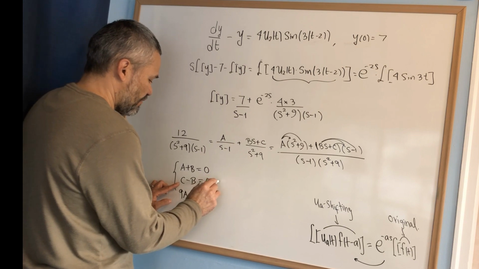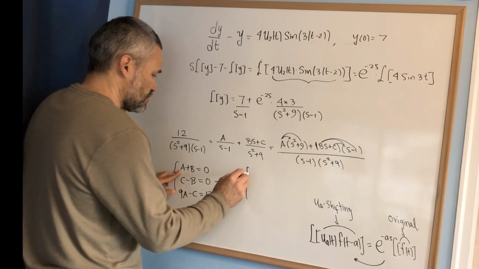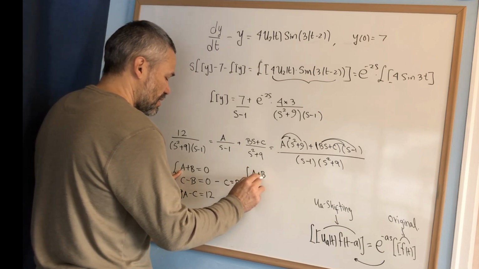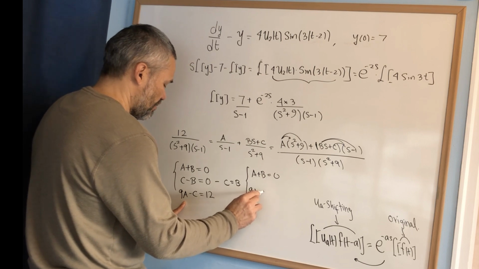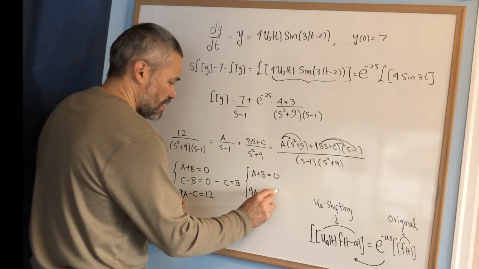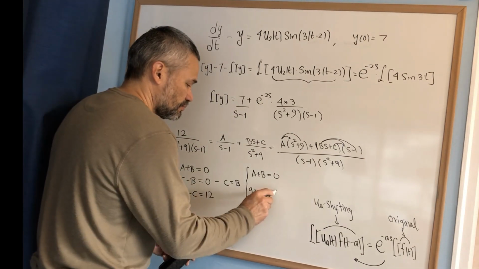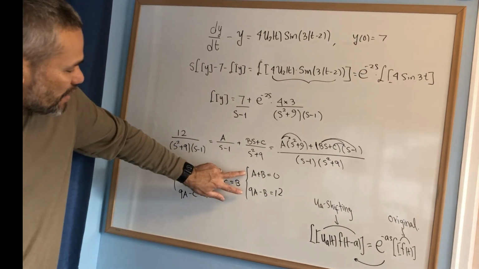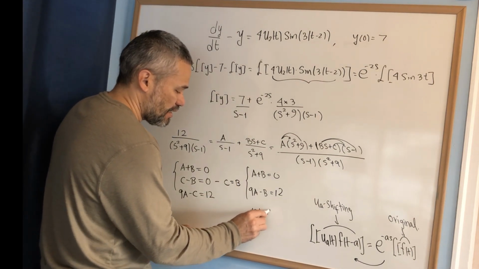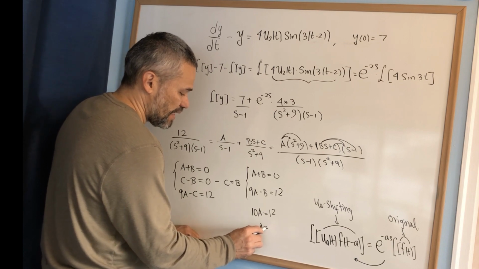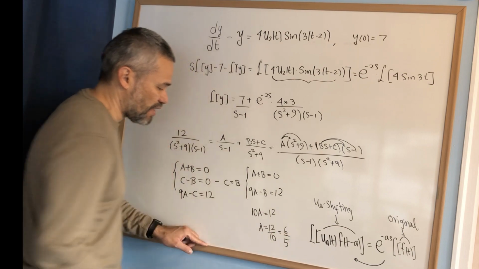From this system, we have that c equals b, and then these equations reduce to a plus b equals 0, and 9a minus b equals 12. We can solve the system by adding the two equations. If we add them, we get that 10a equals 12, and that means that a is 12 over 10, which is 6 over 5.